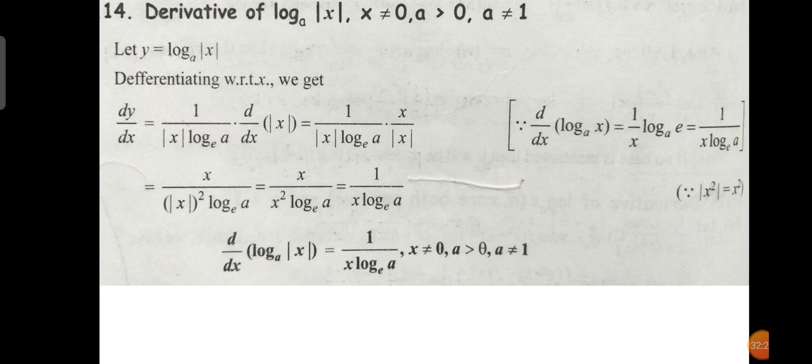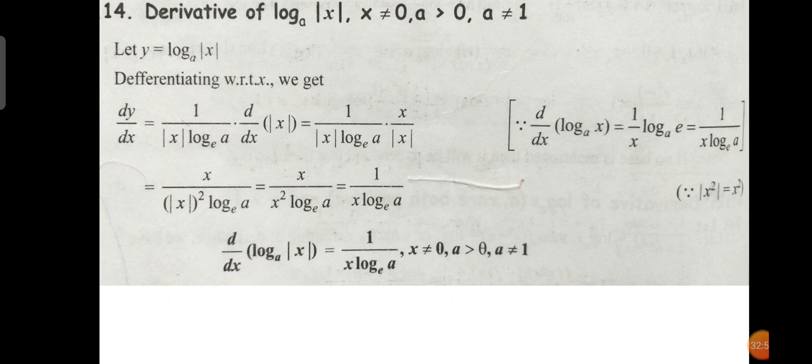The derivative of log of modulus of x is 1 by x log a. That is the derivative of the log of the modulus function: d by dx of log of mod x is 1 by x log a to the base e.